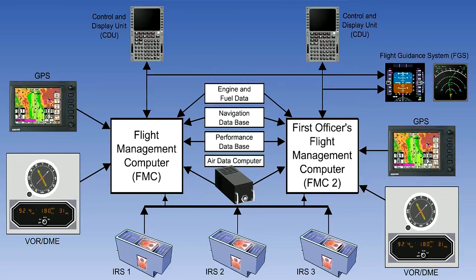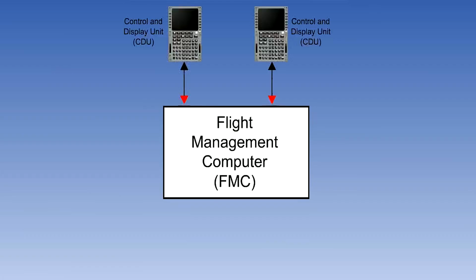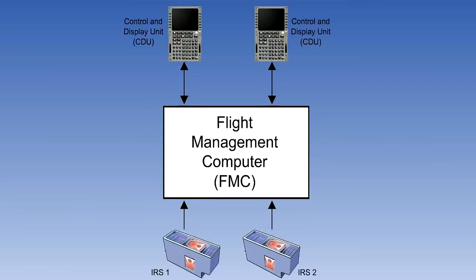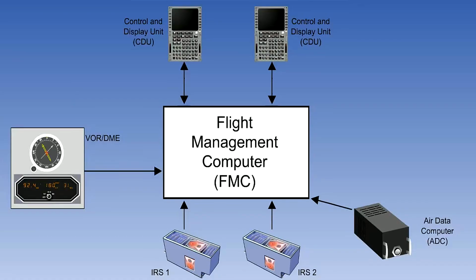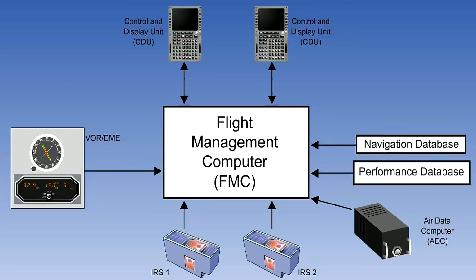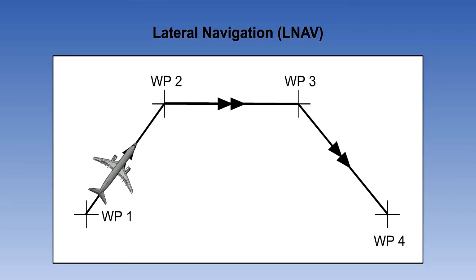They vary from type to type, but they all contain a flight management computer, a control and display unit, two or possibly three inertial reference systems, an air data computer, radio navigation inputs, navigation and performance databases, and inputs of engine and fuel data. They simultaneously compute lateral navigation, or LNAV, and vertical navigation, or VNAV.